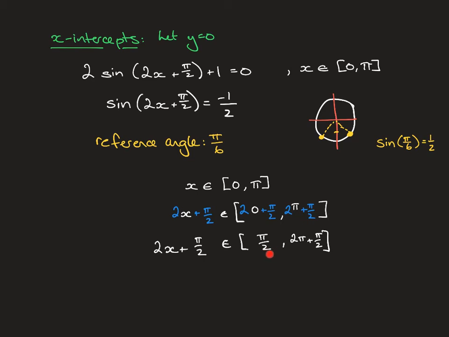So let's go ahead and generate our angles that fit in this domain. So up on our unit circle, if we start at 2π, which is at this position on the unit circle, and head in a clockwise direction, we pass π and come round an extra π/6 to get to this point here. And so our first solution is 7π/6.